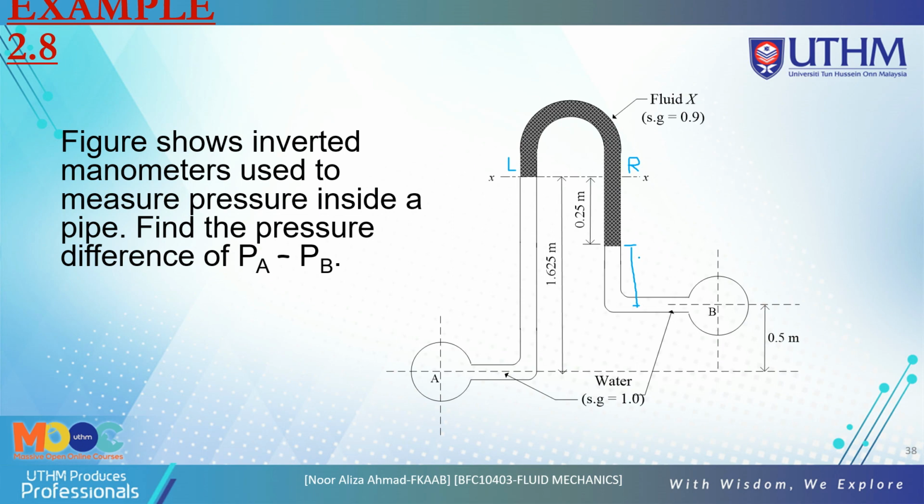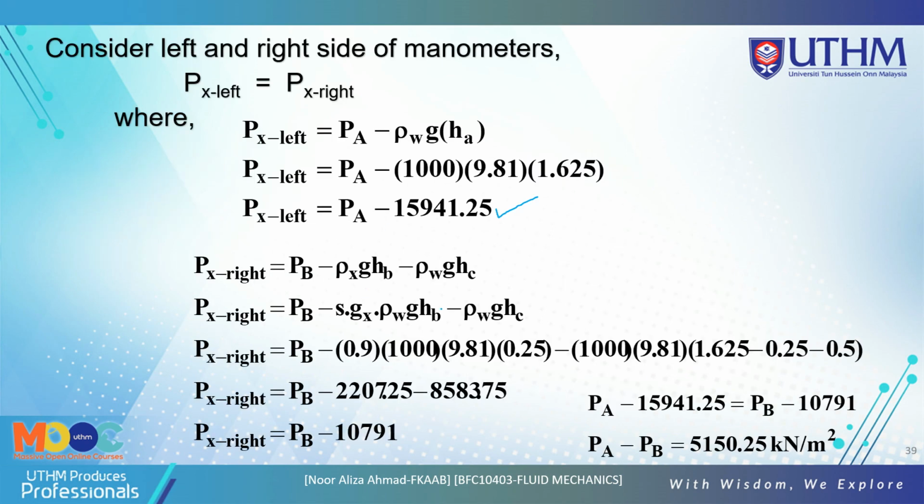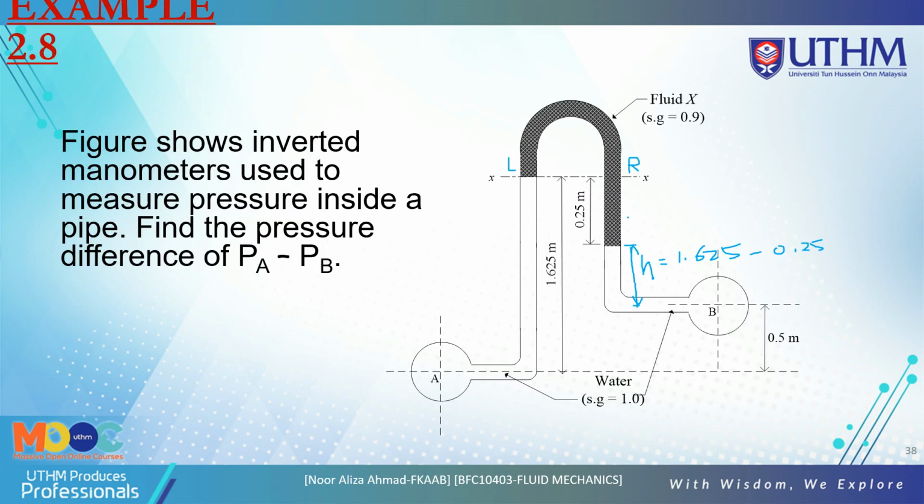Okay, so this H, so you get the 1.625 minus 0.25. Okay, so that's why you get this one. So you will get the PB, density of X, SG.